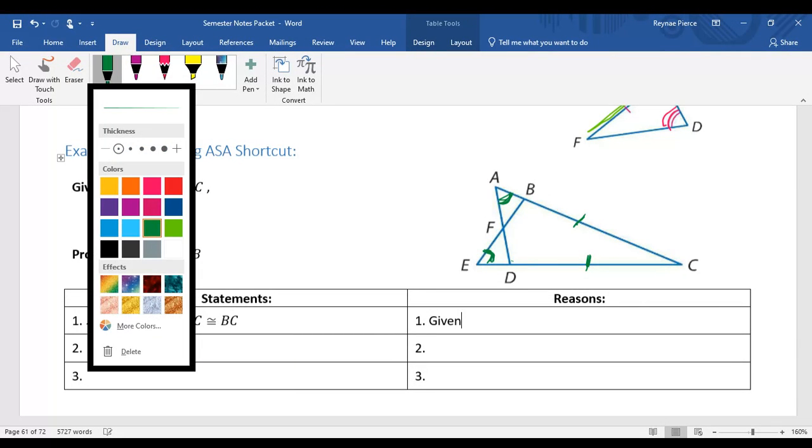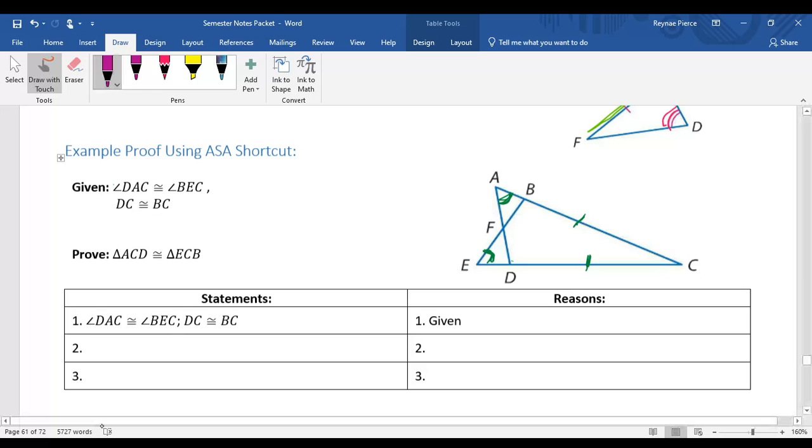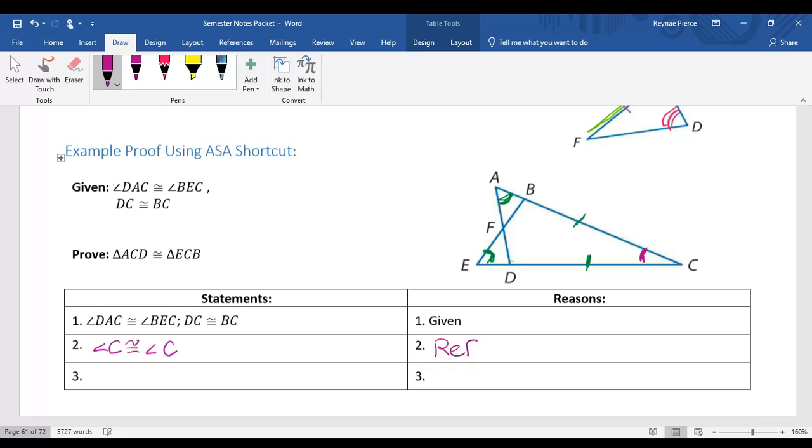Okay. You will not see this very often, but the two triangles that I'm looking at both share angle C. Okay, and just like line segments, angles can be congruent to themselves by the reflexive property.